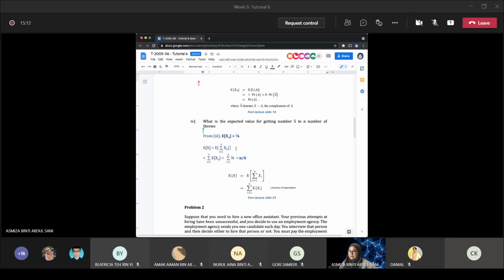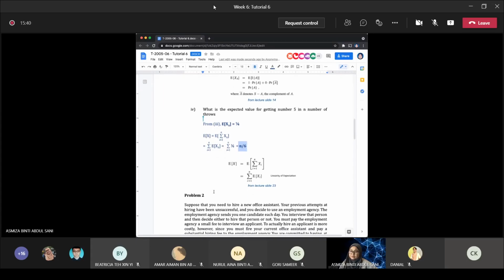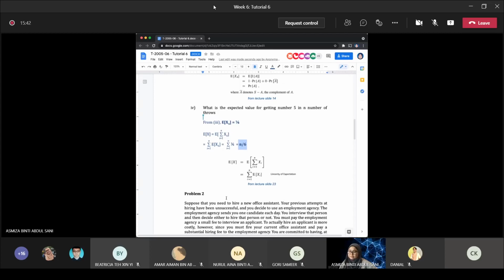Applying the linearity of expectation, we can put it in, and we know this is 1 over 6, summed from 1 up until n. Therefore, the final answer would be n over 6. Linearity of expectation, yes, that's right.